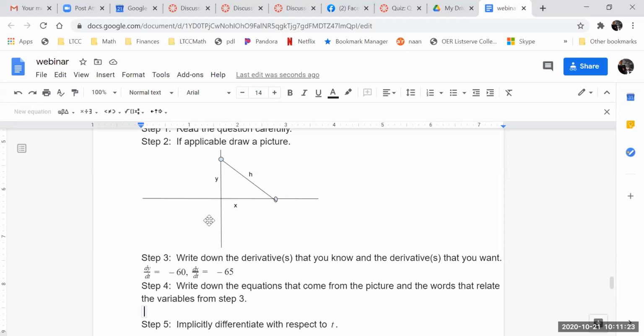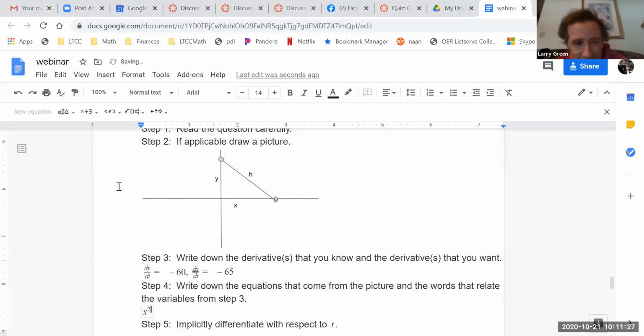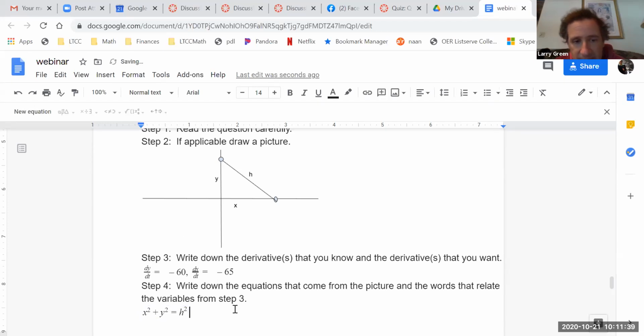What is it, the Pythagorean? Yeah, Pythagorean. So it's x squared plus y squared. I know you're used to A and B, but I'm calling it X and Y because it looks better. It looks like that on the chart. Equals H squared.